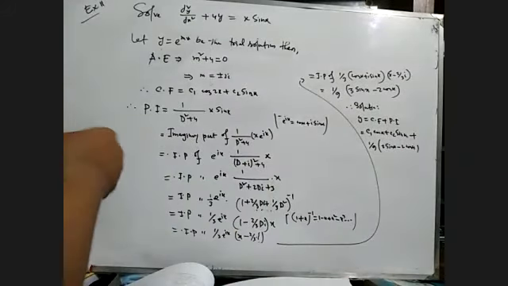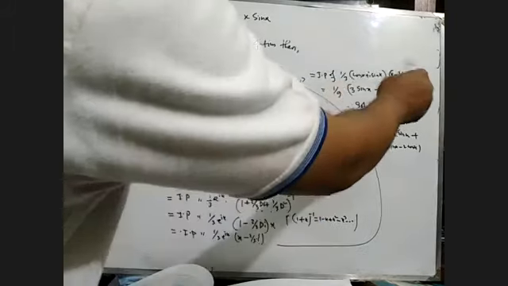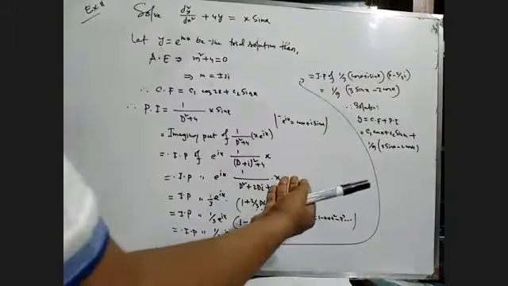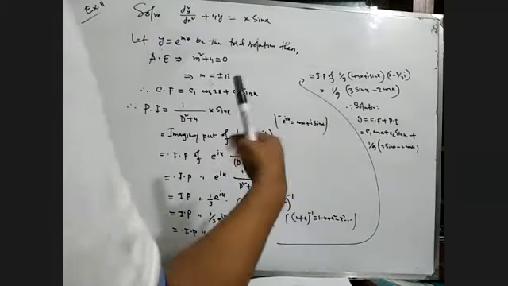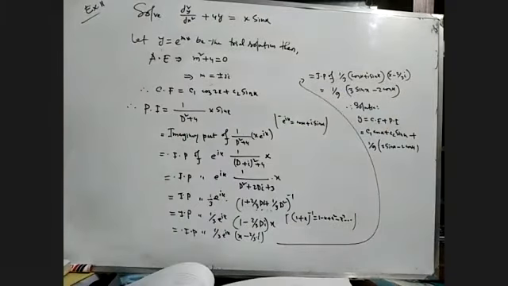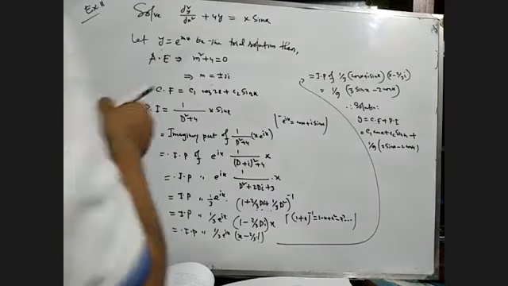Actually, this means cos x into this plus I sin x into this. Then we get the full term. Then arranging real part and imaginary part, we get this as the imaginary part. So this is the required solution for this.